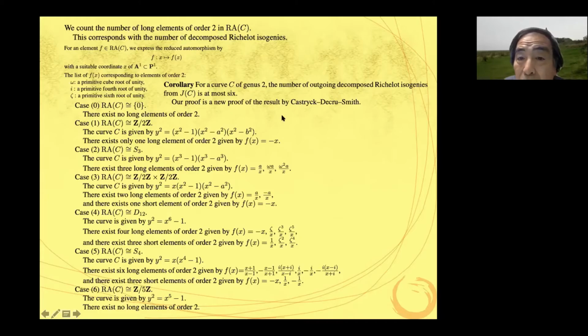And anyway, this result is known by Castryck, Decru, Smith in the world of cryptography, but they use computer-aided calculation. So anyway, this gives a new proof of the result by Castryck, Decru, Smith.